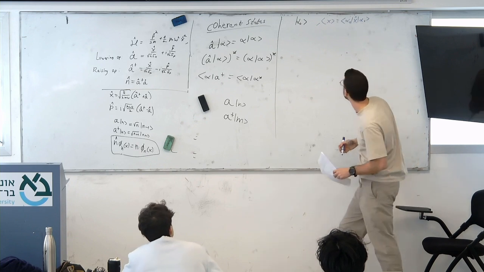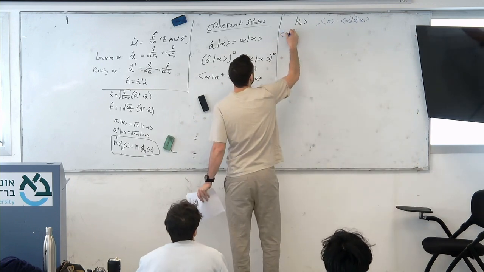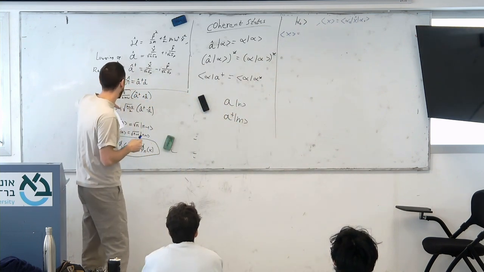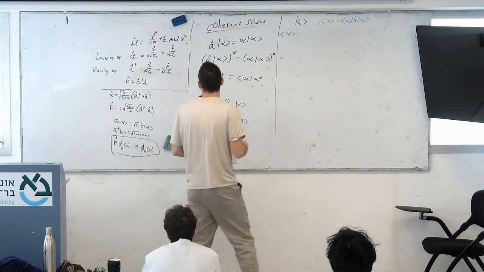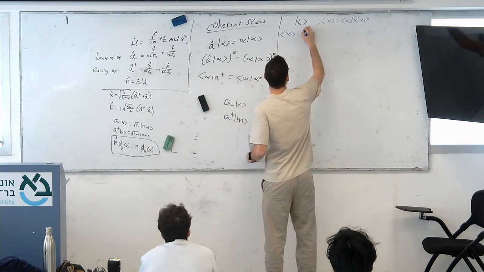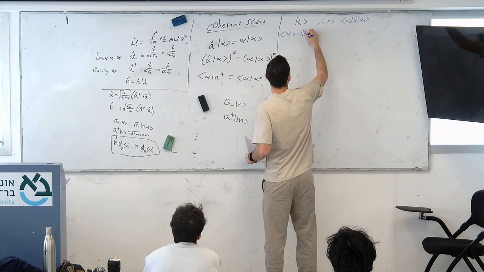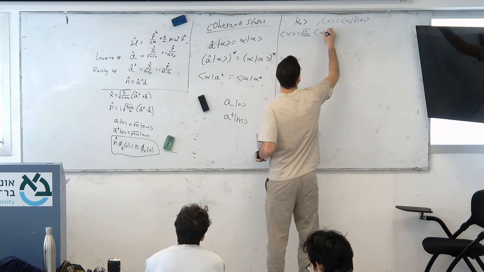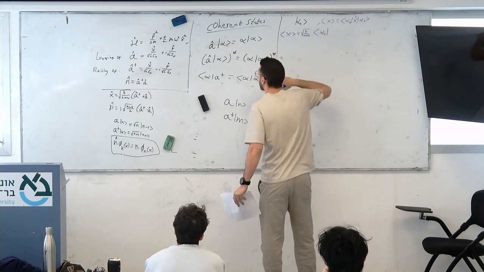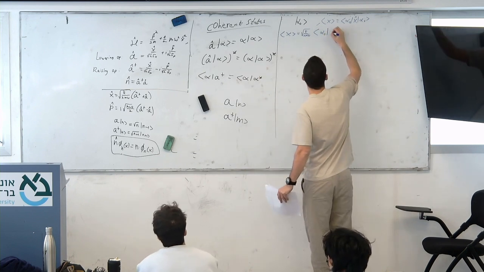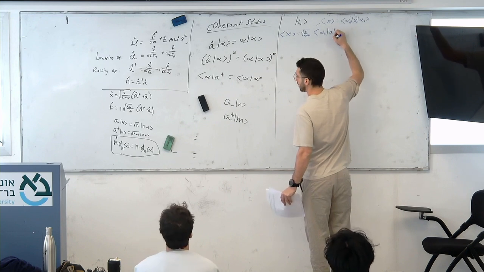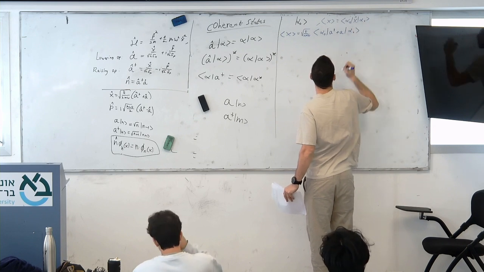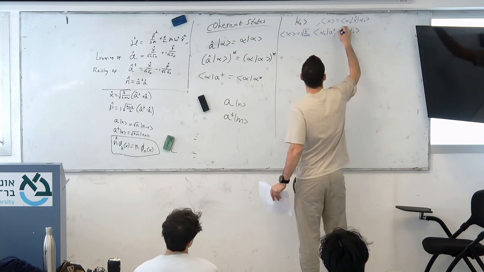So we write x using the relation of the x operator to the raising and lowering operators: square root of h bar over 2m omega, times <alpha naught| (a dagger plus a) |alpha naught>.